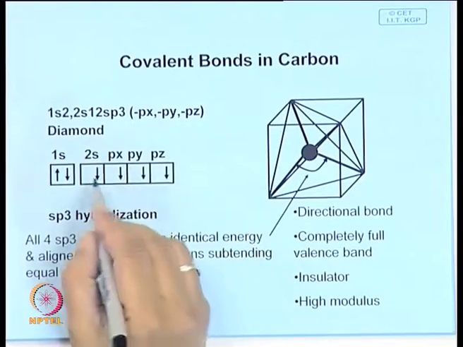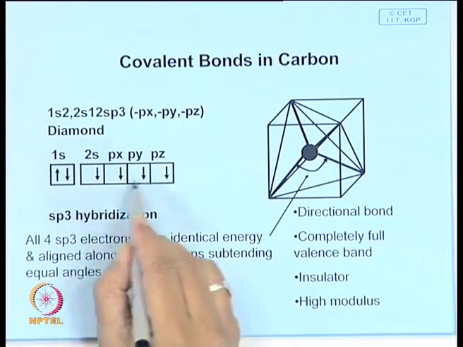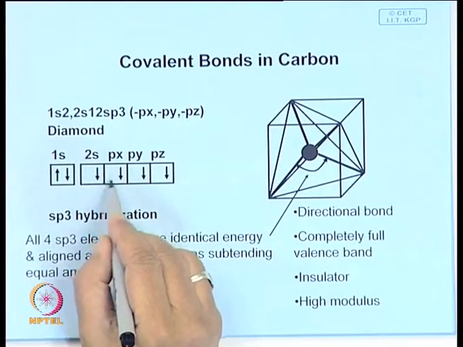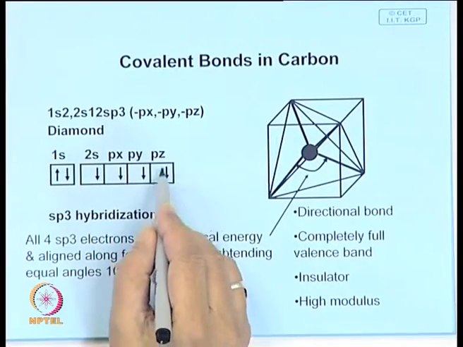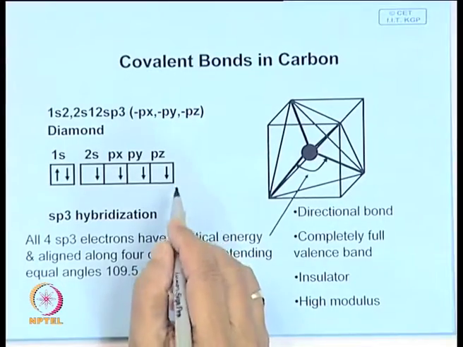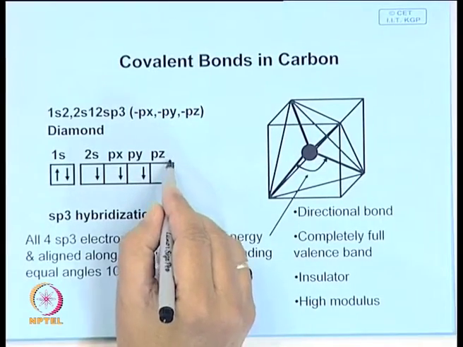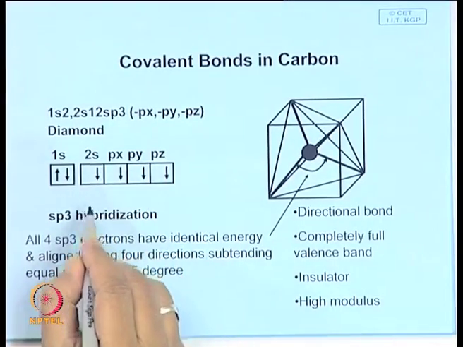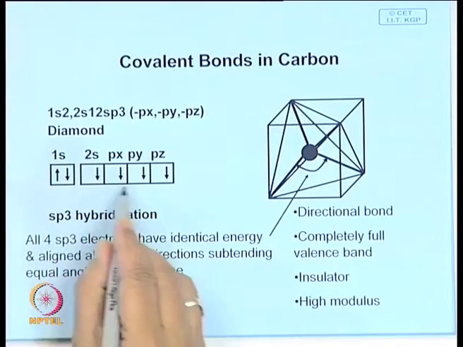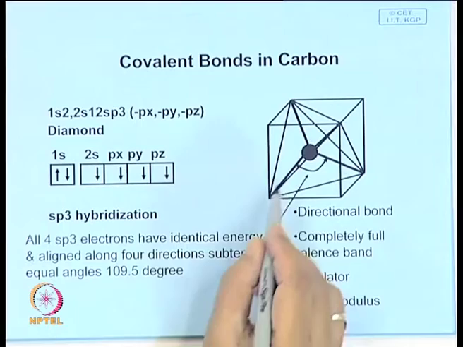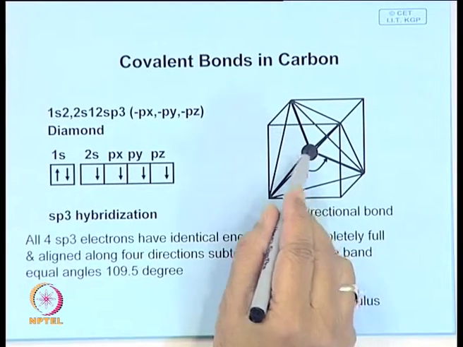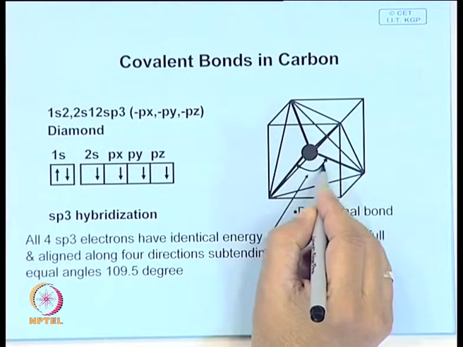As it was said, if the orbit is half full, that means there are 4 electrons in the outer orbit, all have parallel spin. In this case, we call this orbit a hybridized orbit, and all 4 electrons in this orbit have identical energy. So, therefore, if you try to arrange this in solid, these bonds will be subtending equal angle.